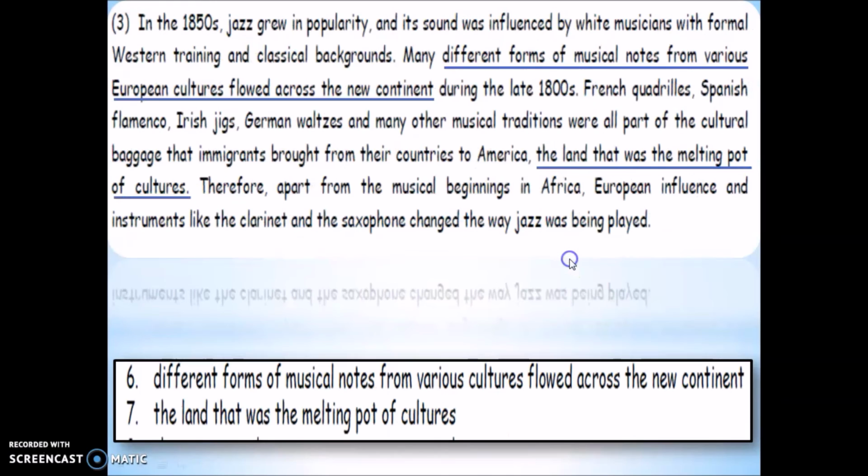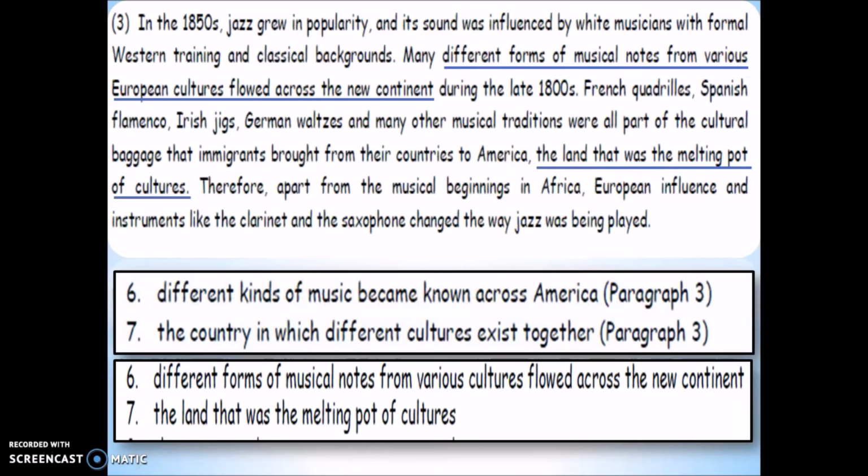All right, so in paragraph 3 you could find the answers to this. Many different forms of musical notes from various cultures float across the new continent. New continent? America. So different kinds of music became known across America. It became known. It flowed.